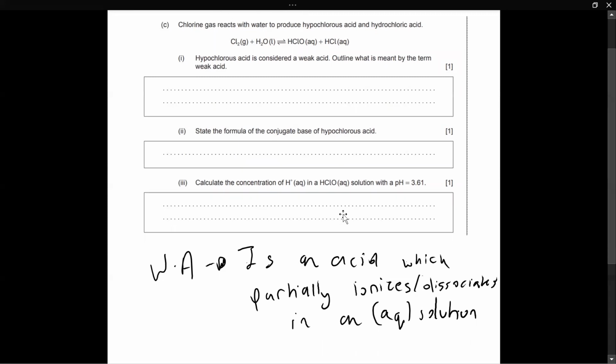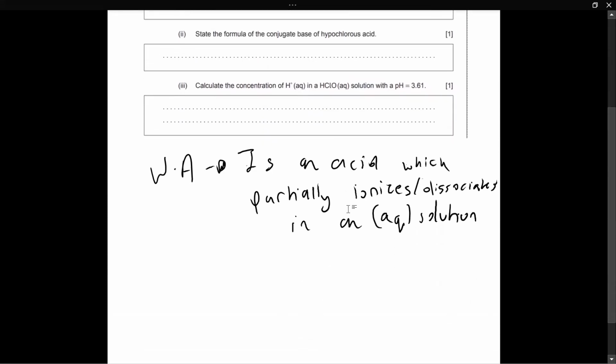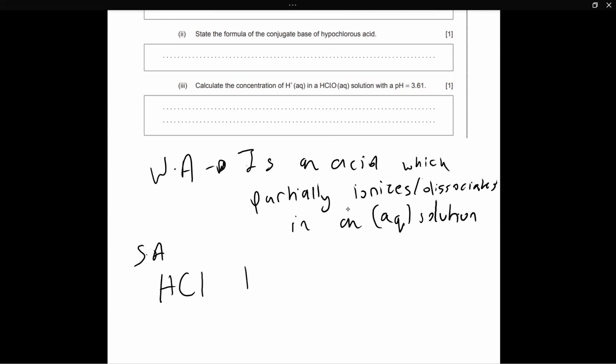I'm going to show you a dissociation of a weak acid and a strong acid. So this is a dissociation for a strong acid. I'm going to take the example of HCl, which is very common. Everybody knows it. Hydrochloric acid, it's a strong acid. Now we're going to put it in water because remember, this is an aqueous solution.